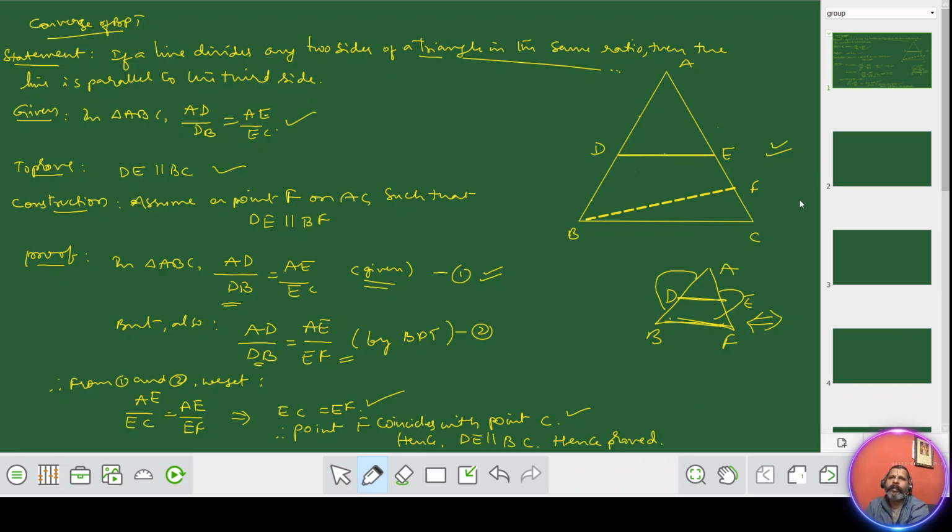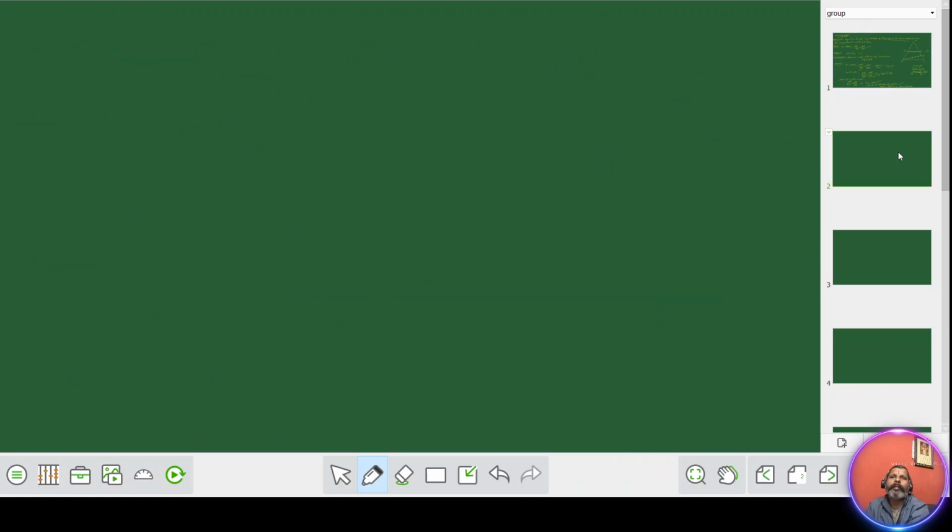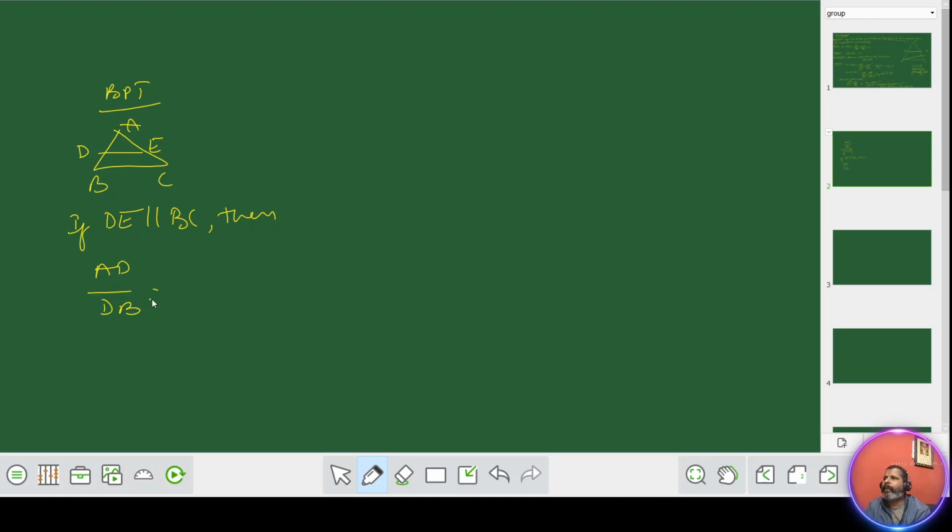Let me quickly recap what is BPT and what is the BPT converse. BPT says: in triangle ABC with D and E on the sides, if DE is parallel to BC, then AD by DB equals AE by EC.